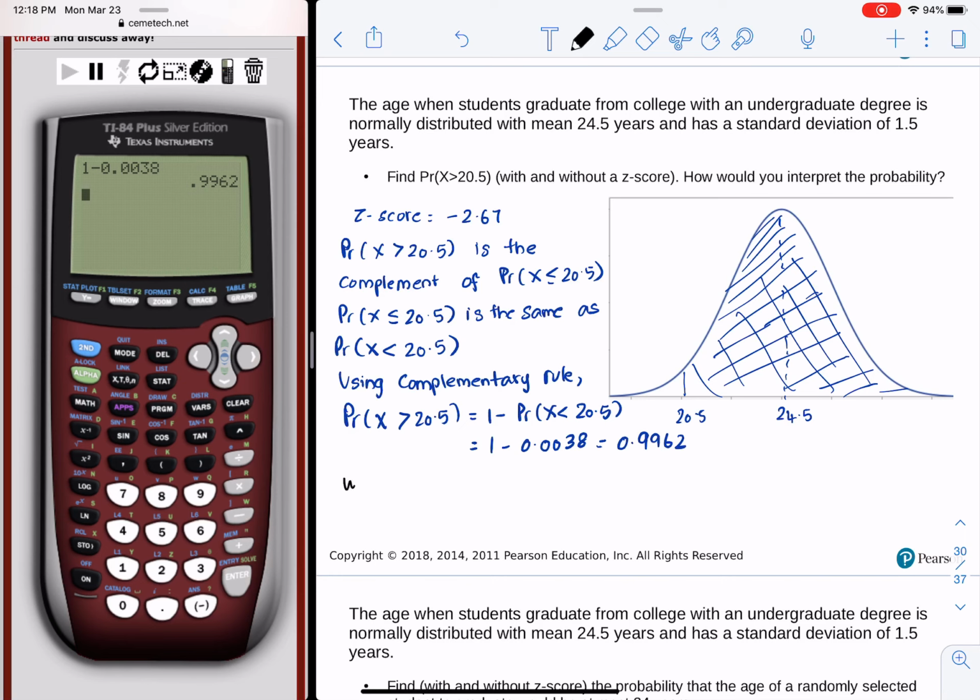So without z-score, the probability of x greater than 20.5 would be normal CDF. The lower endpoint is 20.5. The upper endpoint is positive infinity, which in the calculator is simply E99. So we start at 20.5.